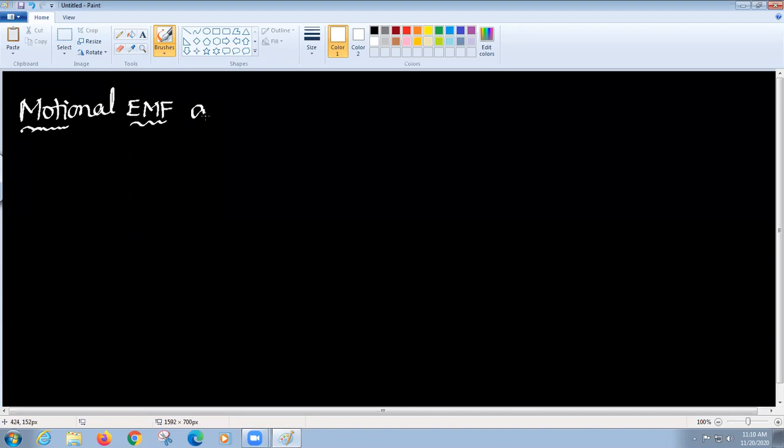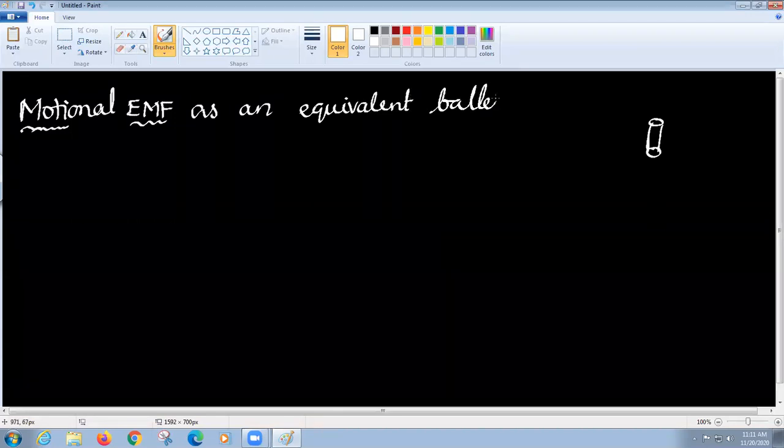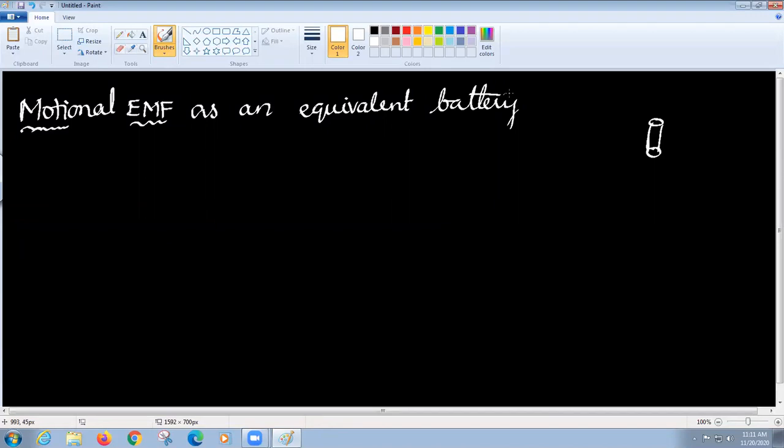Because when the rod is not moved, then either the magnetic field should move or change, or the rod should move. Any one must happen. If that is the case, definitely EMF must be induced. So, motional EMF as an equivalent battery.